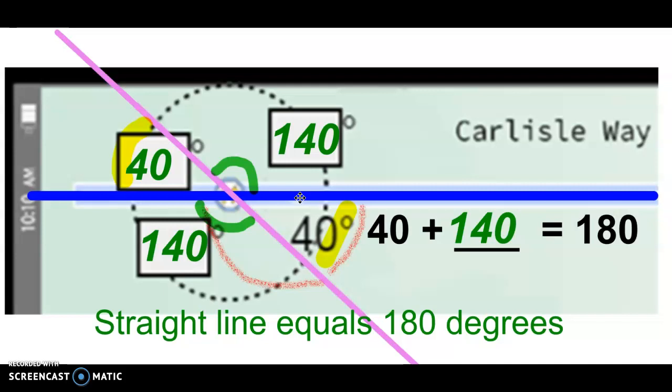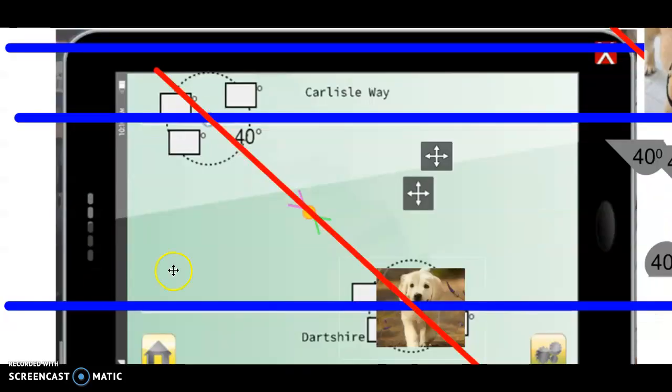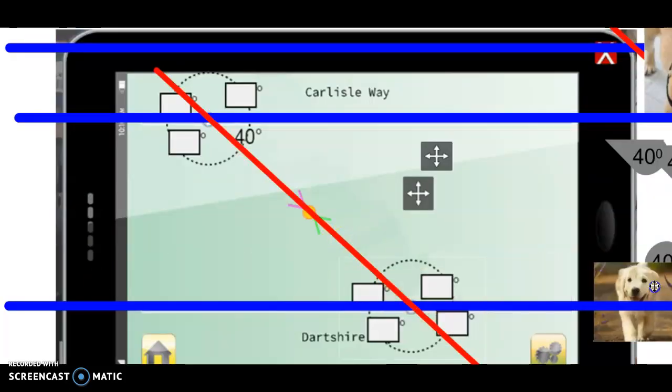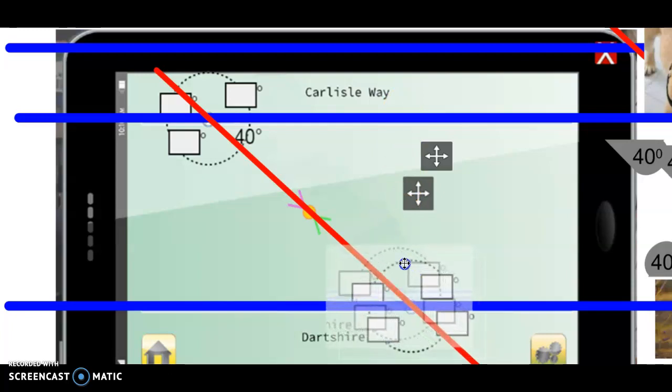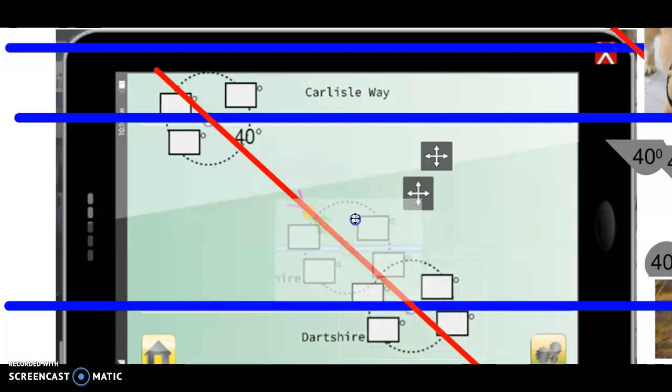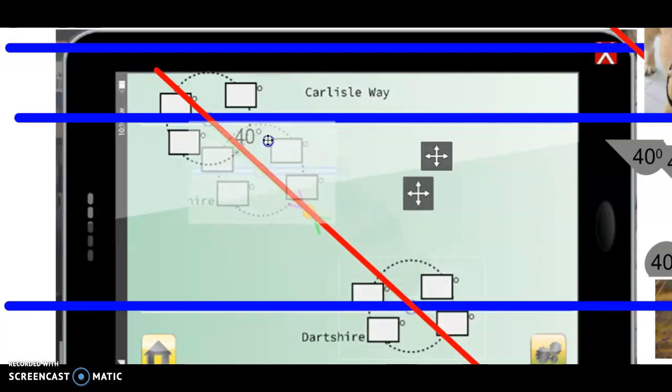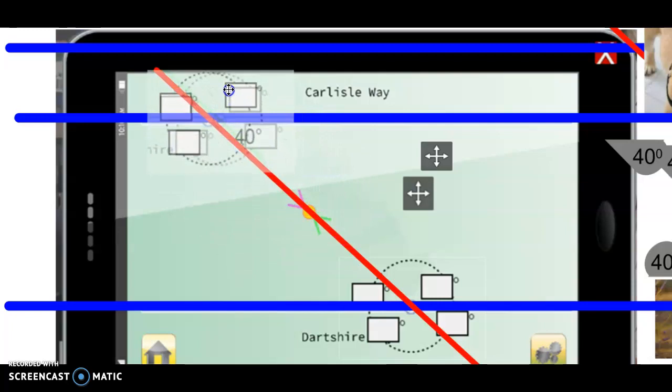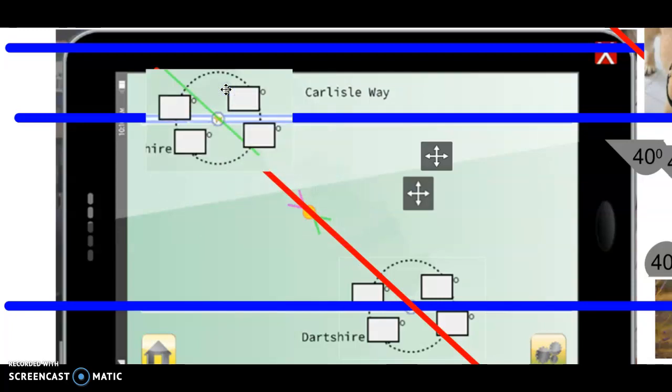The next step is to look at the parallel lines and see what the other angles are. I forgot to show you something really cool that they show in the video. If you haven't watched it, you should watch the video. They said that when you have parallel lines cut by a transversal, I can slide this on up to here and they'll be the exact same.